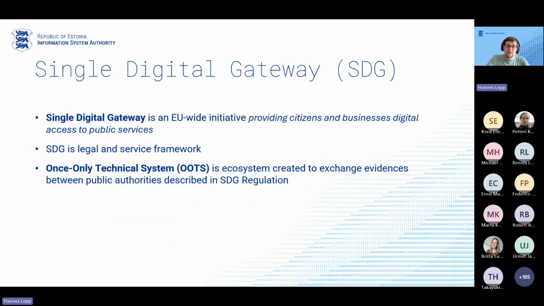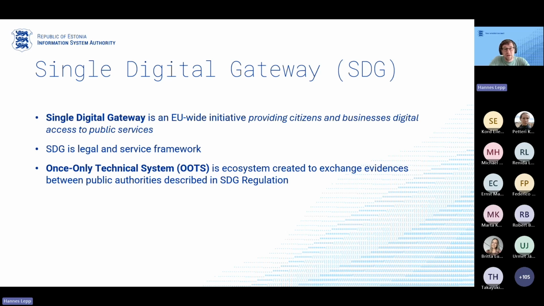The real-life situations described in the previous slide are the reason why the European Union introduced the Single Digital Gateway initiative, or SDG for short. The goal of the SDG is to make it easier for citizens and businesses to complete administrative procedures across borders. It is very important to mention here that the SDG requires that these procedures have to be available online.